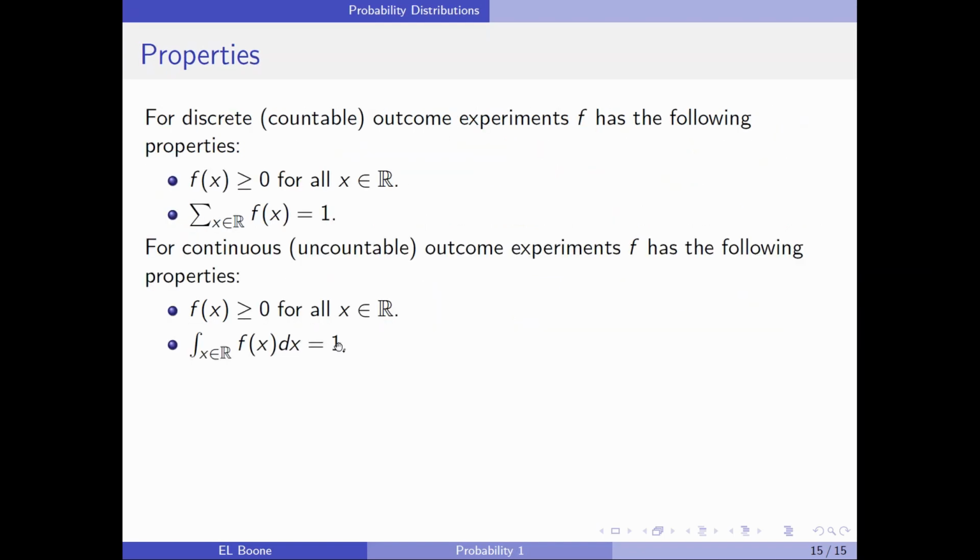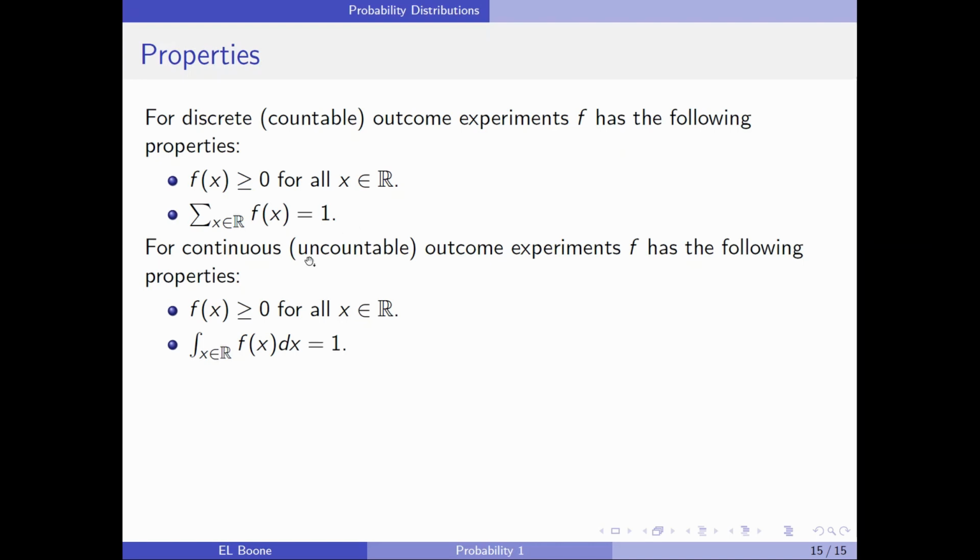This also has some properties. For discrete or countable outcome experiments, like dice, f has the following properties. Number one, it's a probability, so it has to be greater than or equal to 0 for every value of x we put in there. Remember, little x comes from the real line. Number two, if I sum up f of x over all the x's on the real line, I'm going to get 1.